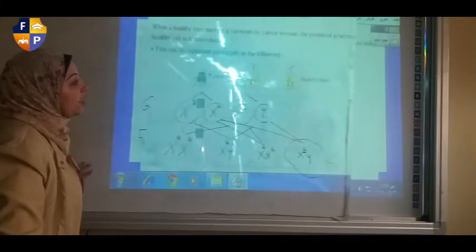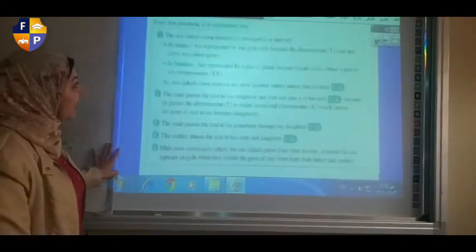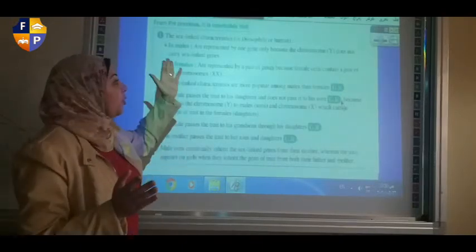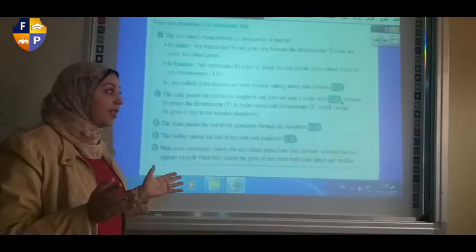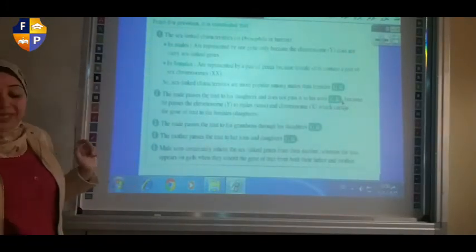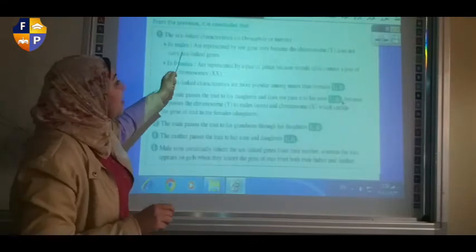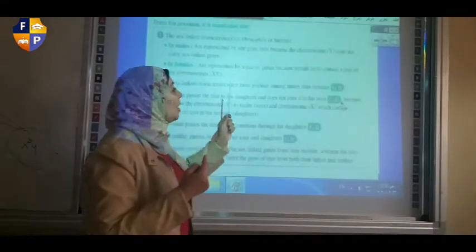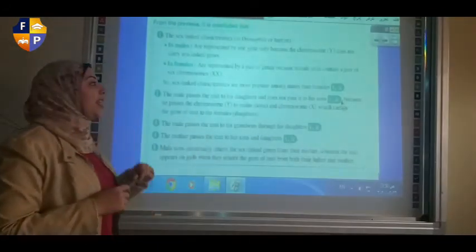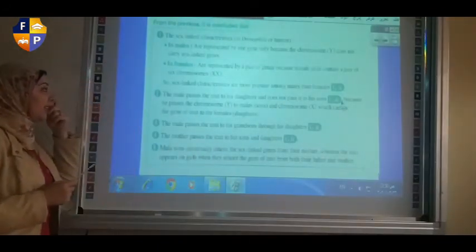Okay, so we can conclude that the sex-linked character in both humans and Drosophila, the fruit fly, is present in males and in females. But in males, it is represented by one gene, only on one sex chromosome, the X, as Y doesn't carry any sex-linked gene.